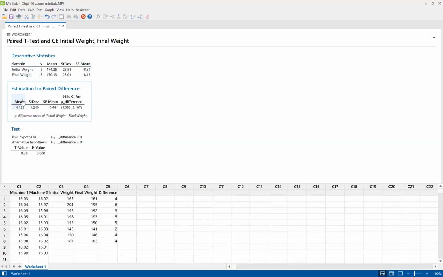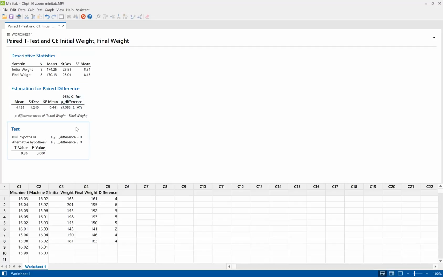This is the descriptive statistics for the paired difference. When you're doing a paired t-test, this is the box that matters. This one doesn't matter nearly so much. Paired t-test, I want the paired difference information.